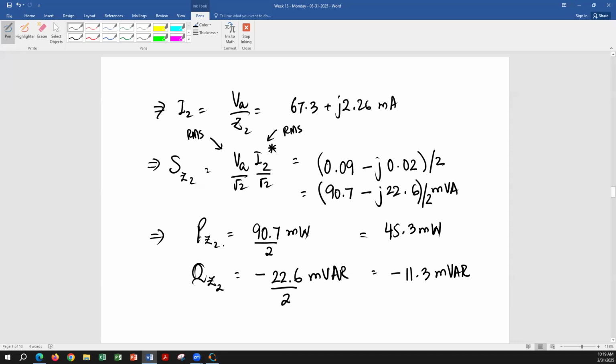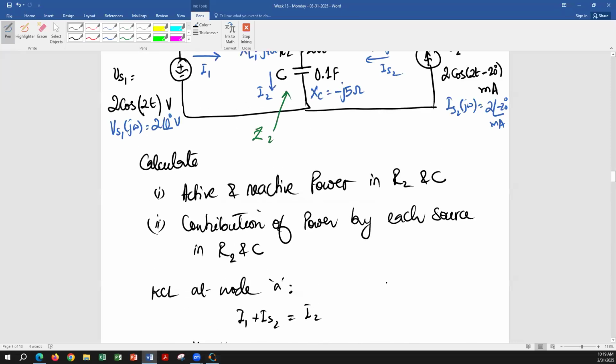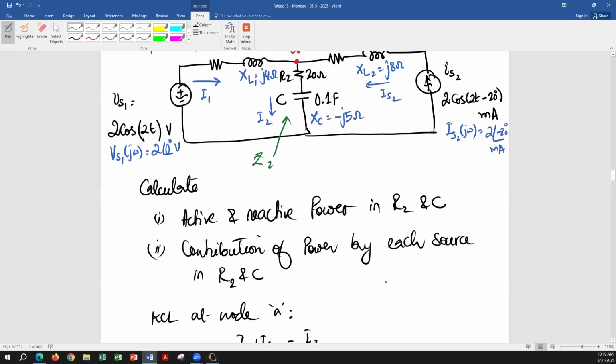So this is the total active power consumed in that resistance, and total reactive power associated with the capacitance. The second part is calling for you to calculate the contribution of the total active power in R2 by this source and this source, and likewise total reactive power in C by VS1 and by IS2.